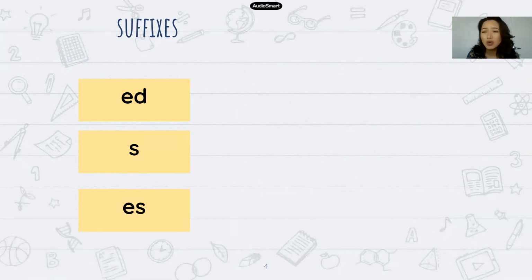Remember, ES is only used after a specific letter. So we have ES coming after CH, SH, X, Z, and S. It's the only time ES comes after. You don't have to think about that right now or think too hard about it. But just remember, ES says /iz/, bunches.